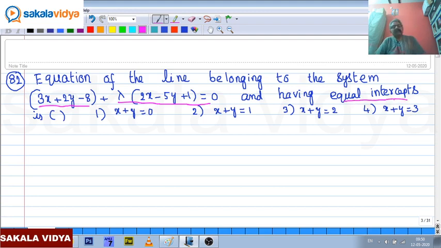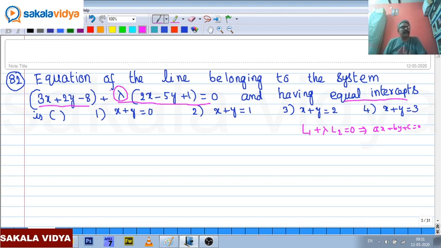So that means actually this equation is L1 plus lambda L2 is equal to 0. So you need to put this in the form of ax plus by plus c is equal to 0. Then find x-intercept and y-intercept, both need to be equated so that we get the value of lambda. Substitute lambda here, you get the required answer.